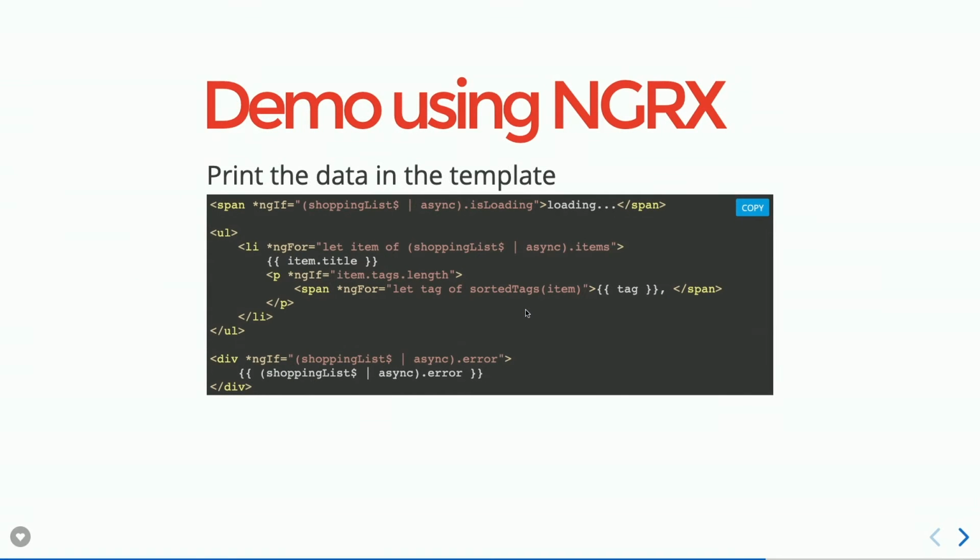So then you can just print the data. Maybe you will print the errors in case there is any error, or you can print the data in case everything went well.